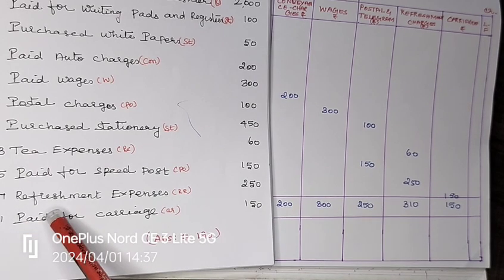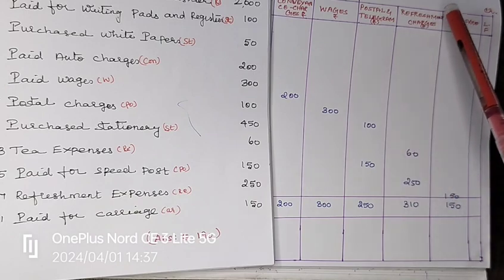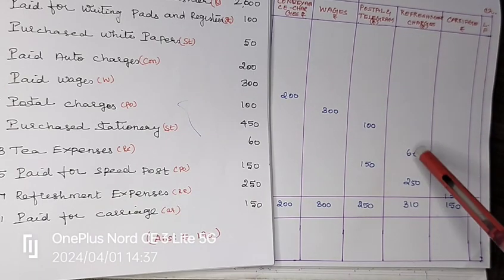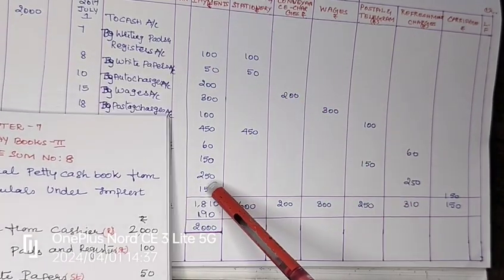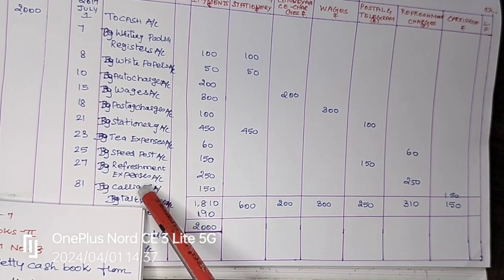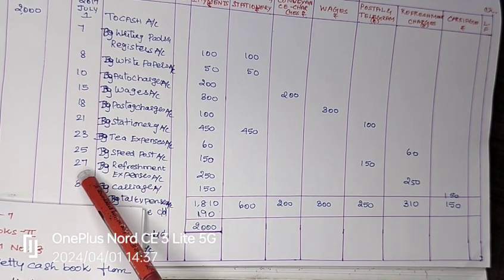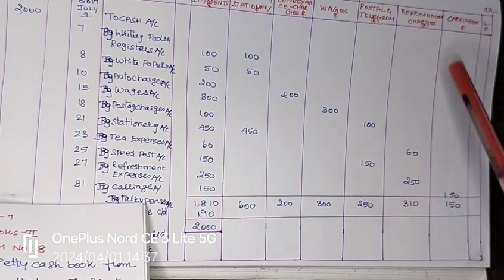We enter this expense in the refreshment expenses column, and also into the total payment column. So by refreshment expenses account dated on 27, 250 we entered into the total payment column, and 250 into the refreshment charges column.